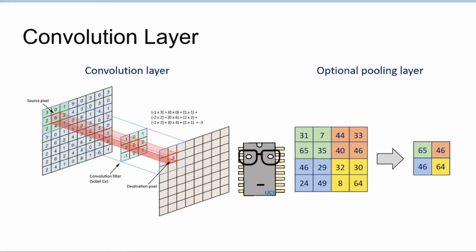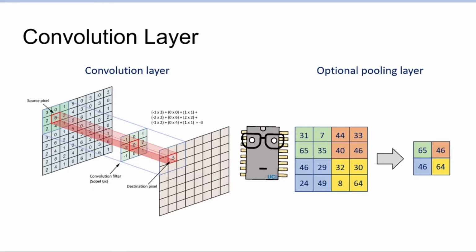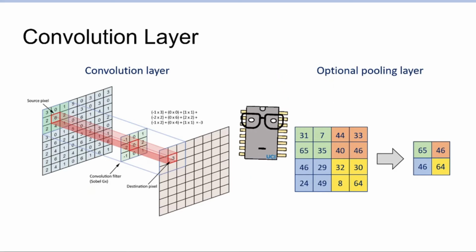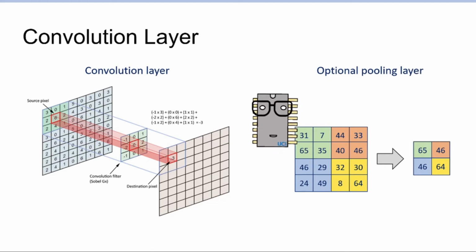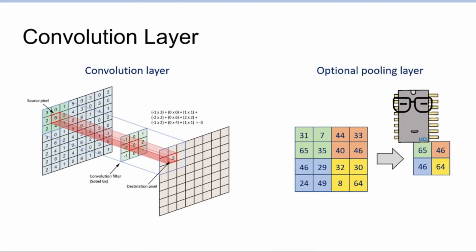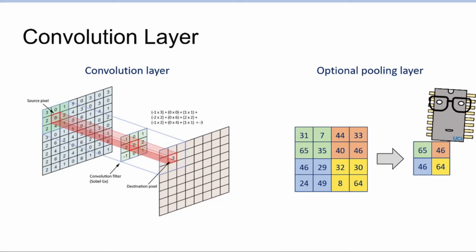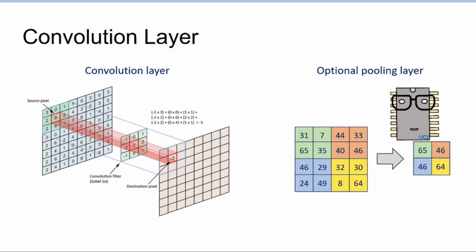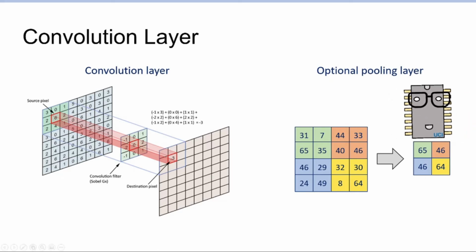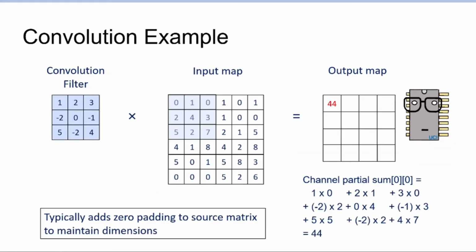So if you have a 2 by 2 pooling layer, we will group units of 2 by 2 submatrices, and sometimes we can do averages or maxes or mins or whatever to turn it into a smaller size matrix for the next layer, to reduce the work in the next layer, for example. So this is what convolution layers typically consist of.